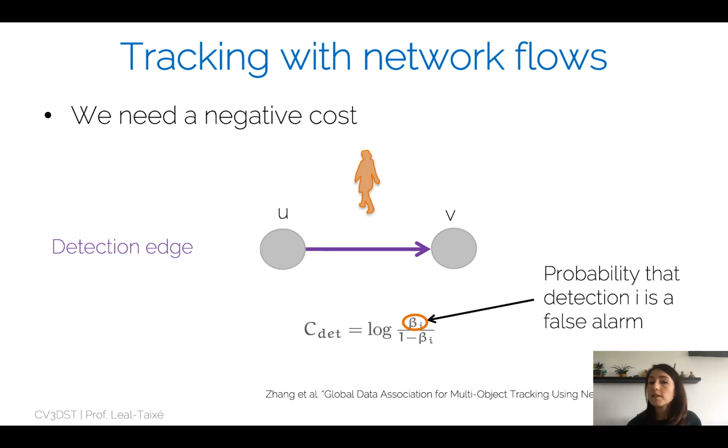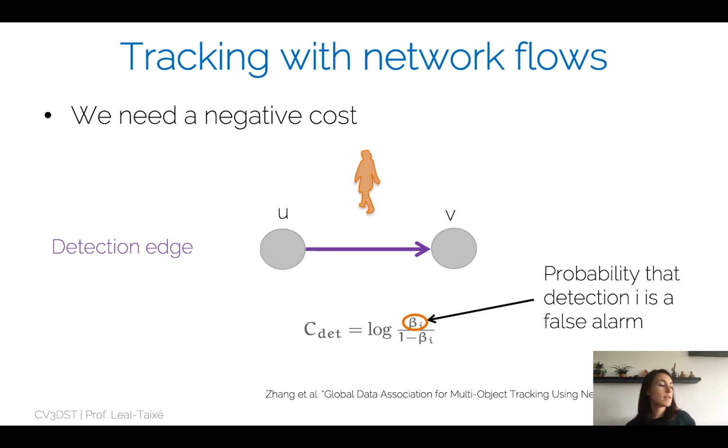This is a probability that you can obtain from your detector, which basically tells you how confident the detector is that this is actually a pedestrian, for example, or a car, or whatever object it is that you want to track. So this parameter beta i essentially expresses the confidence of the detector.